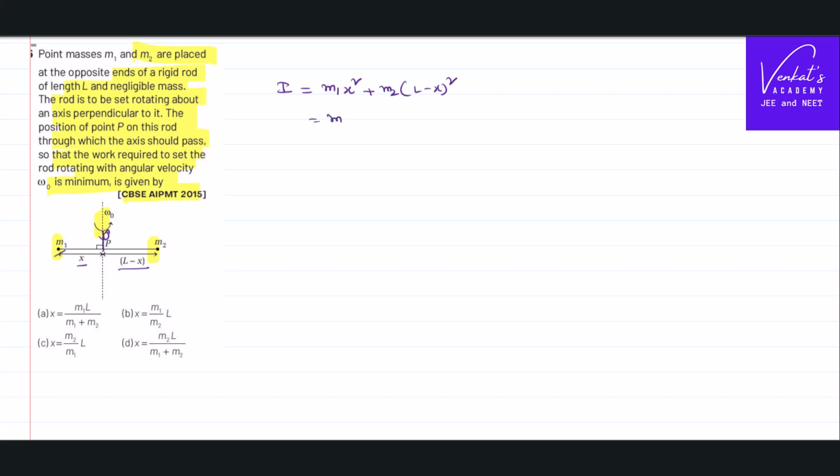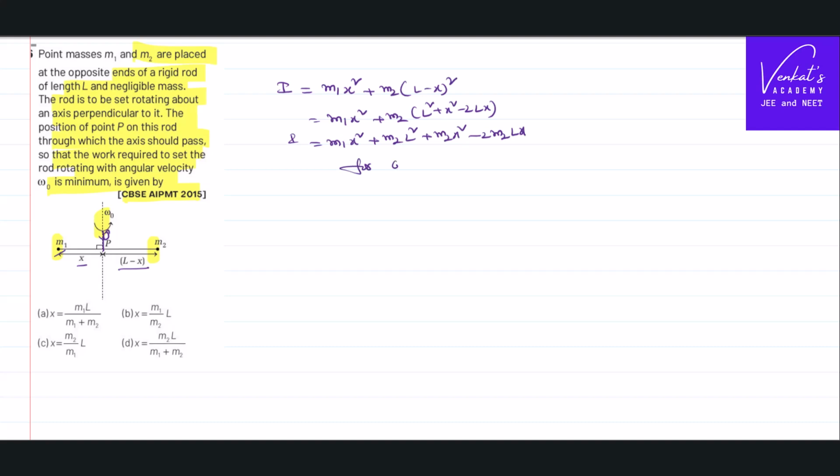So this is M1 x square plus M2 of L square plus x square minus 2Lx, or M1 x square plus M2 L square plus M2 x square minus 2 M2 Lx.